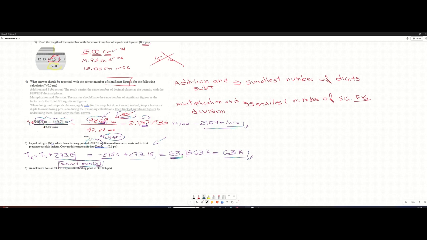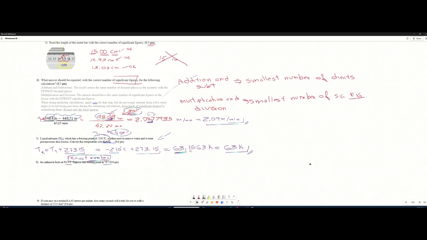Okay, so the only numbers that are exact are the numbers that you have in formulas, like 273.15, or like here where they give us the Fahrenheit and ask us in Celsius. So if you went to your PowerPoint to check the formulas, what you have is this. Let me just put this up a little bit.